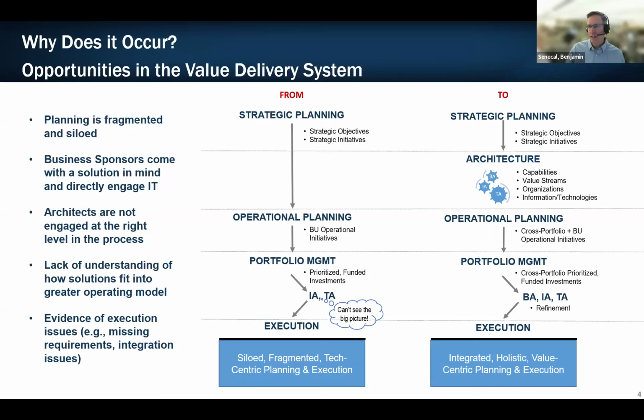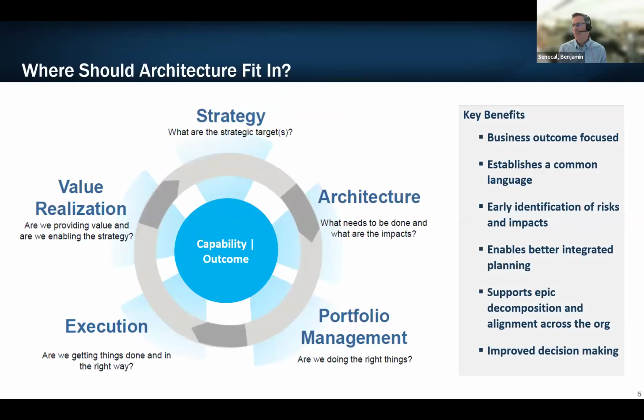So as a result, I think you get a better understanding of how solutions fit into the greater operating model, and you don't miss requirements or integration issues. Those are solved for by introducing architecture into the strategic planning to execution process. What are some of the key benefits?